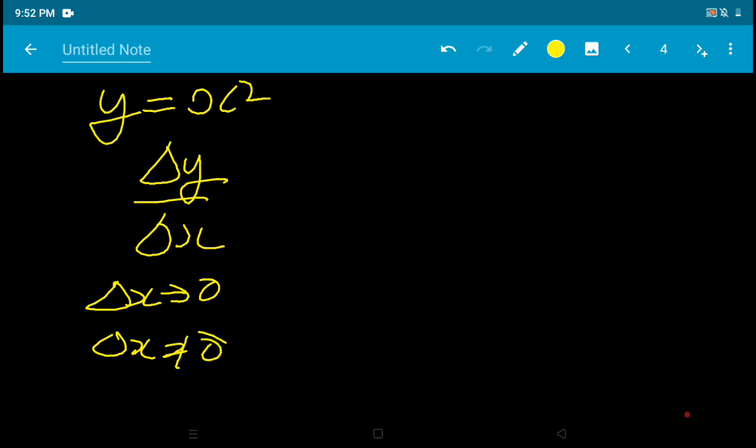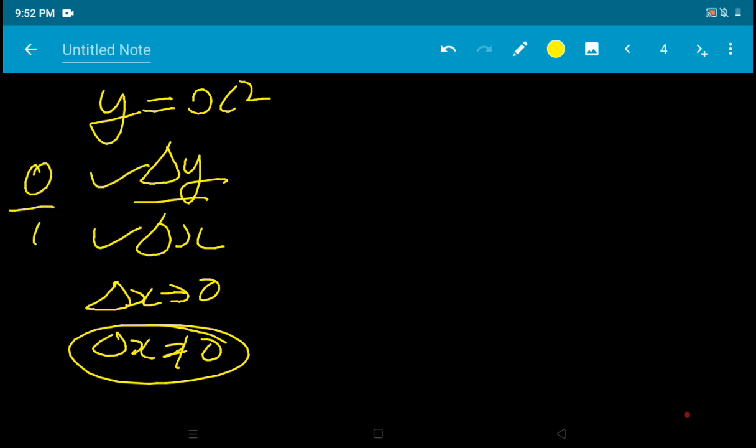If delta x is 0, then there is no change in x, so there will be no change in y, and the answer will be 0 by 0. That's why I am saying again that delta x should not be equal to 0. It must be sufficiently close to 0, but it should not be 0.